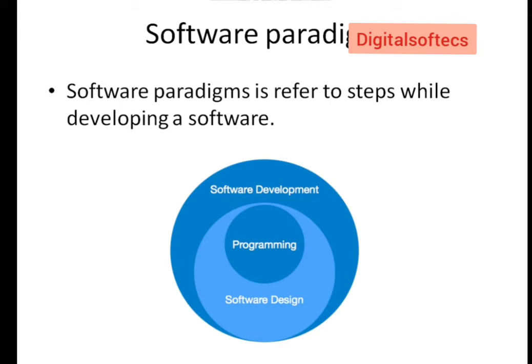That's called programming. After that we move towards software development, so we develop the software. So software design is one step, programming is another step, and software development is another step.